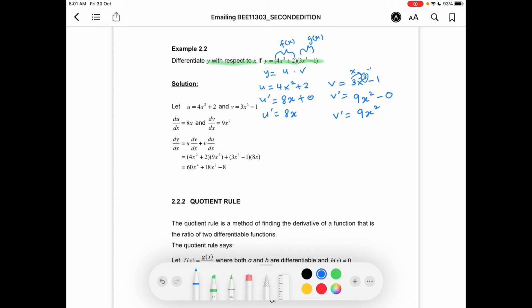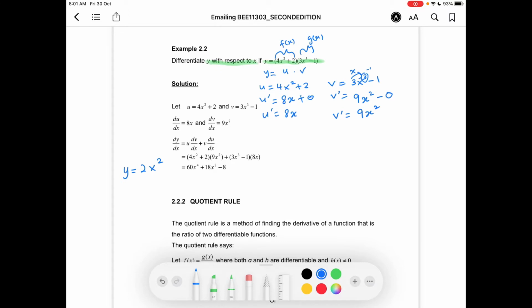If you never heard about differentiation, that's okay, it's very simple for the basic one. For example, if you have the function 2x squared, we did this before in first rule.